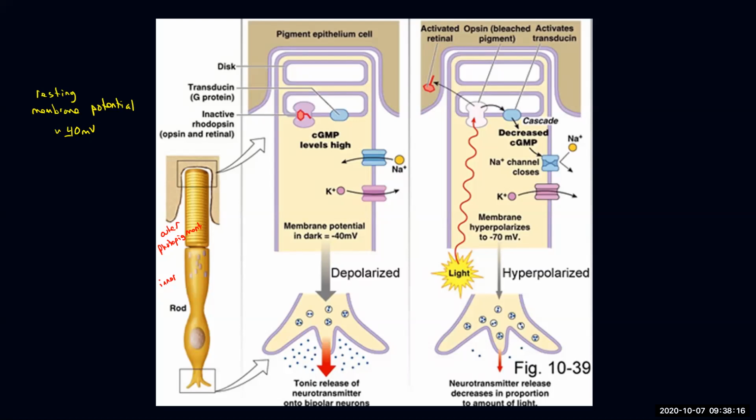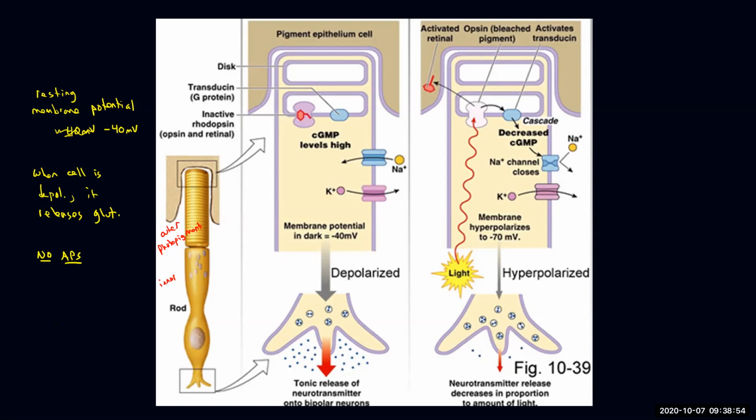It's about minus 40 millivolts. Sorry, I screwed that up. Minus 40 millivolts. Okay. When the cell is depolarized, it releases neurotransmitter. And that neurotransmitter is glutamate. These cells do not generate action potentials.